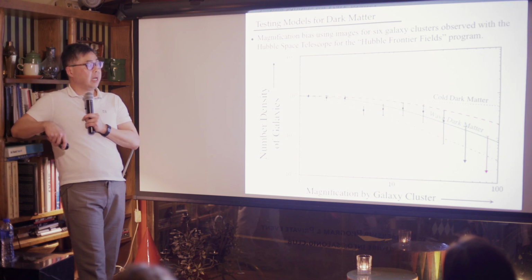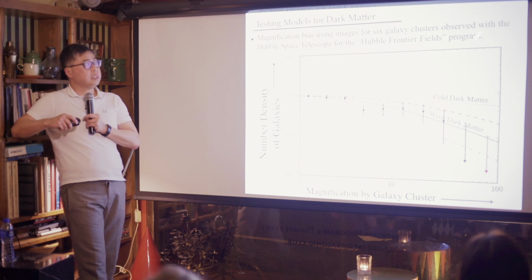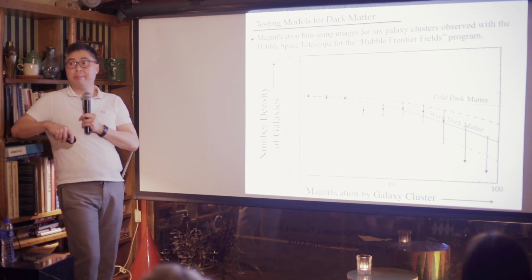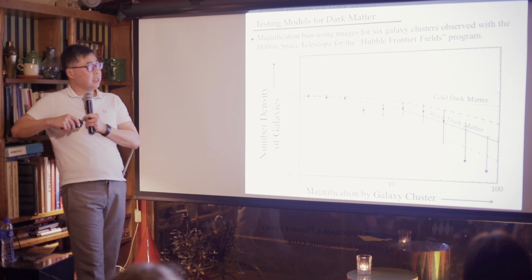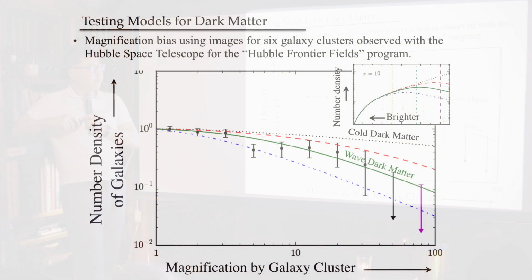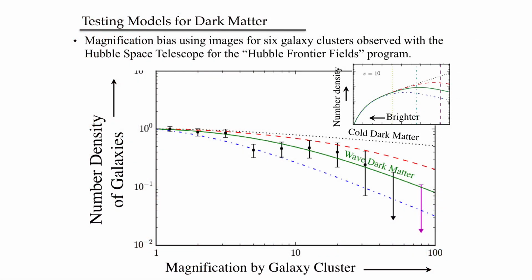The dots here are the number density of galaxies that we've observed from the Hubble Space Telescope, using the deepest images currently available for galaxy clusters and looking for lensed images. So the points here are the space density of galaxies at different magnifications in the cluster, and you can see the data points are different from our predictions for cold dark matter and conform with what we expect for wave dark matter.